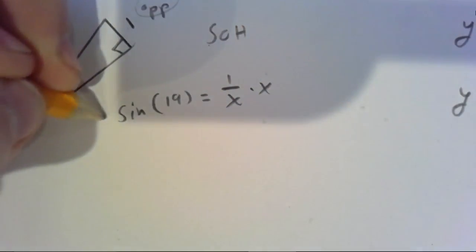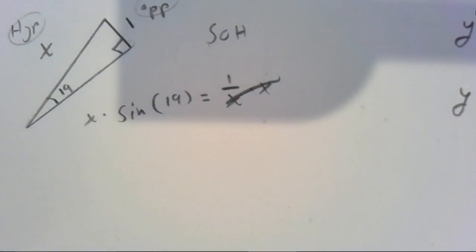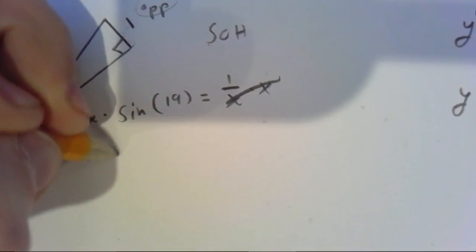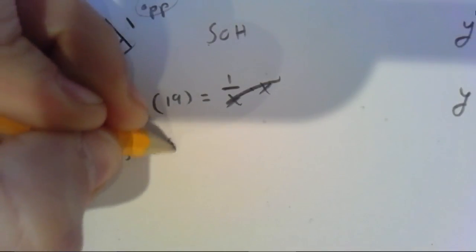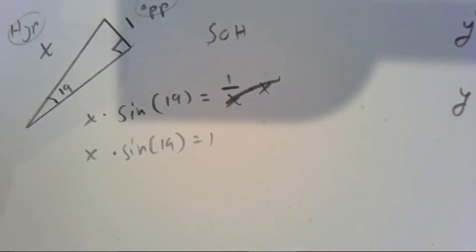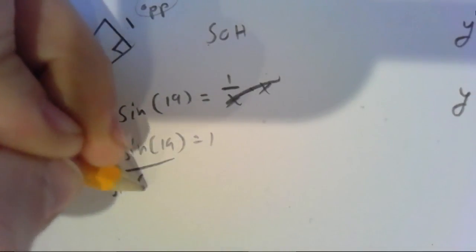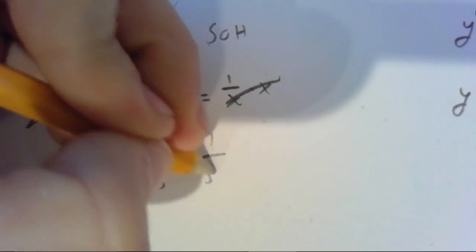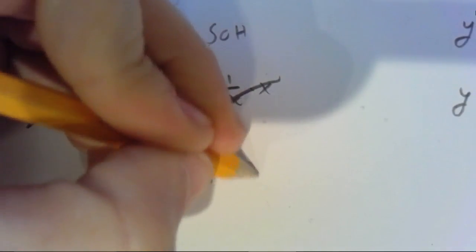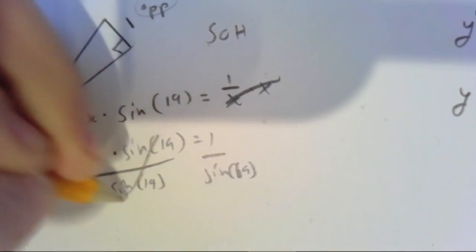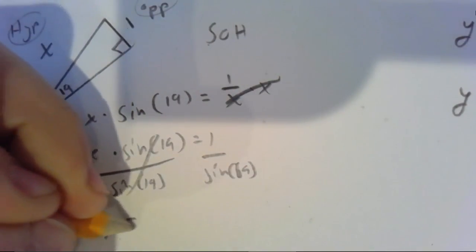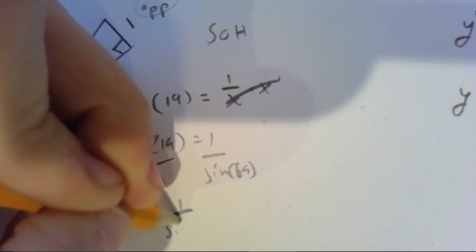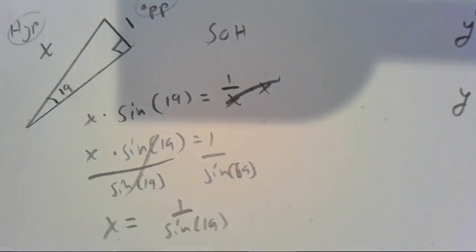Multiply both sides by x, so x times sine 19 equals 1. Divide both sides by sine 19. X is equal to 1 over sine 19.